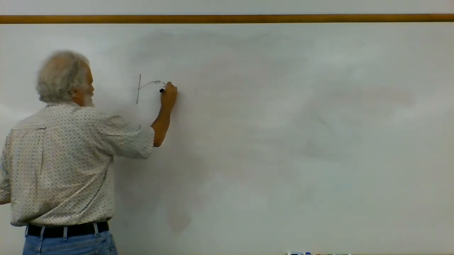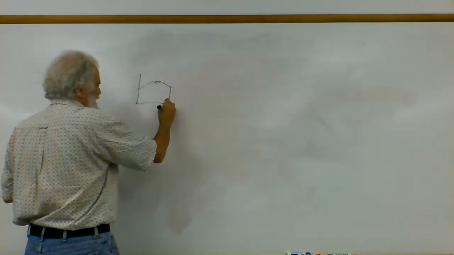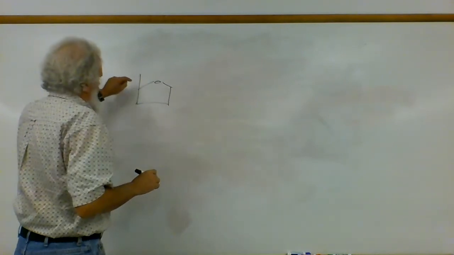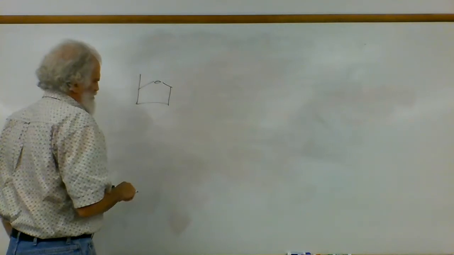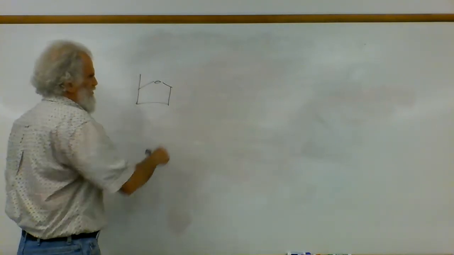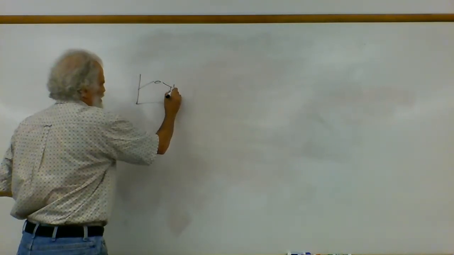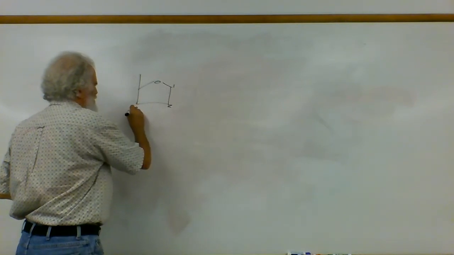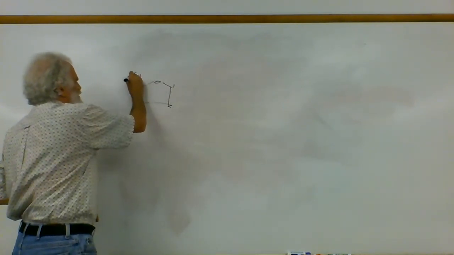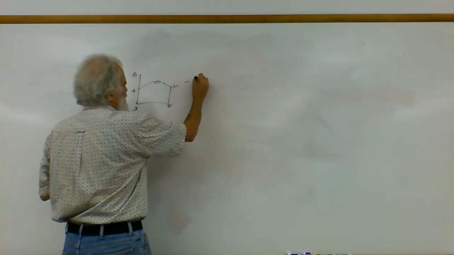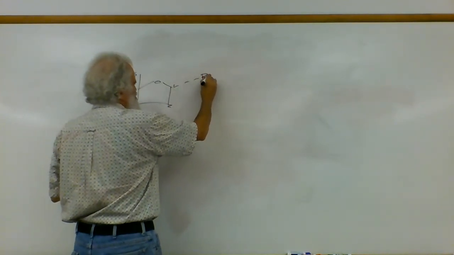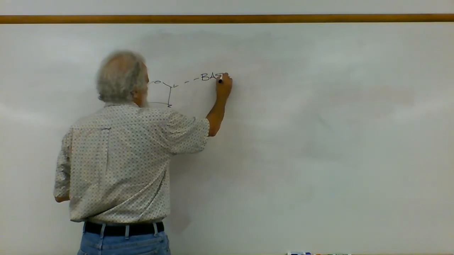It's a 5-carbon sugar. So we've got carbon 1, 2, 3, 4, 5. Actually, the nomenclature is like this. Sorry. This is 1, 2, 3, 4, 5. Coming off of carbon 1 is a nitrogen-containing structure that's known as a base.